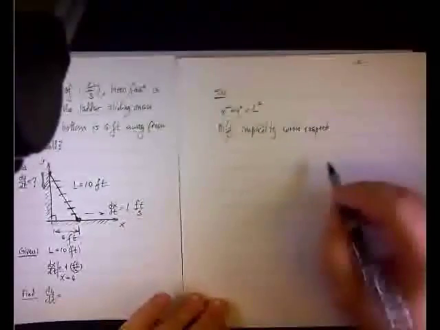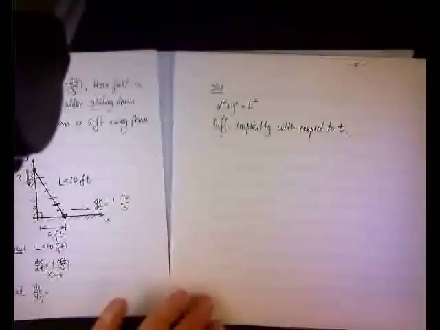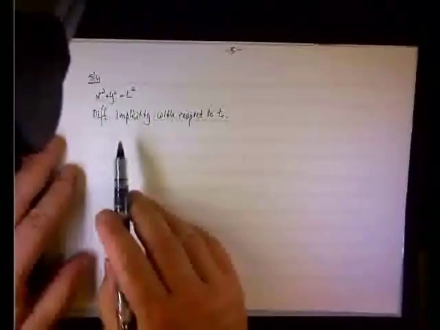What is the variable of differentiation here? T. It's time. dx dt, dy dt, that's what we're interested in. So, we're going to differentiate this with respect to time.